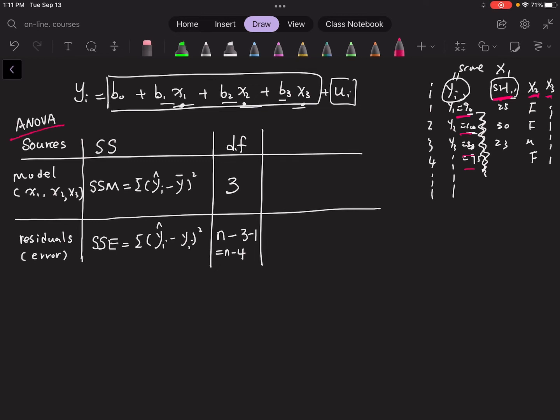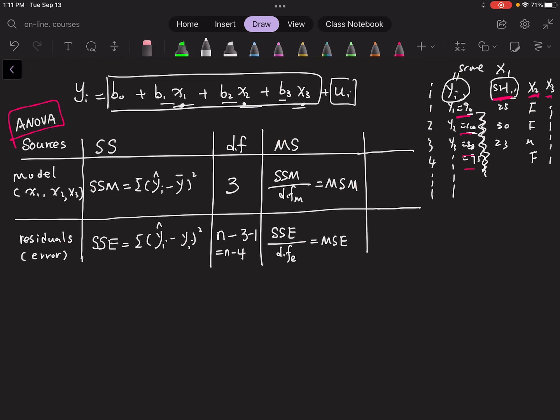So this is the ANOVA table, and I have the sum of squares divided by degrees of freedom. Sum of squares divided by degrees of freedom gives us the mean squared. So that's the sum of squares model divided by the degrees of freedom for the model, and the sum of squares error divided by the degrees of freedom for error. And that's the mean squared for the model, and that's the mean squared for error.